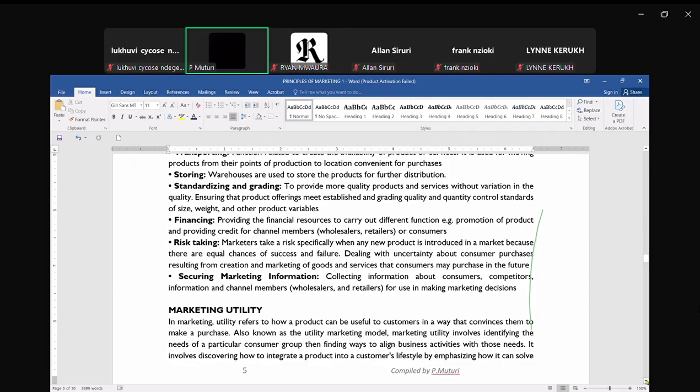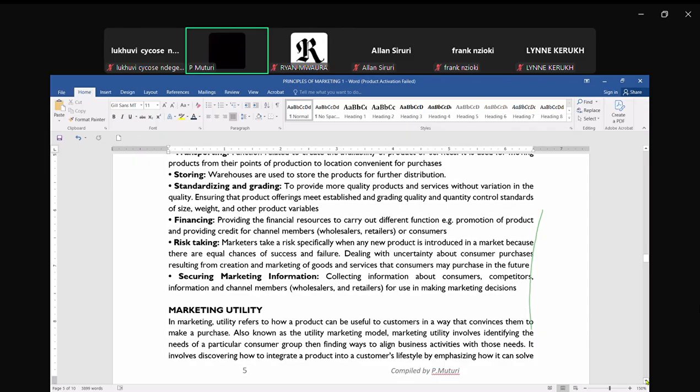They also have a lot of information because they deal directly with the customers. We don't deal with Coca-Cola, I'm sure. We drink the products of Coca-Cola. We drink the products of KCC or Brookside. We don't interact with them as consumers, really. We don't interact directly with the Unga company, but we interact with where we buy the products and we can give our feedback there.